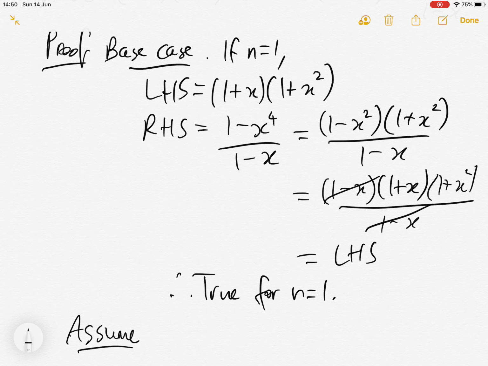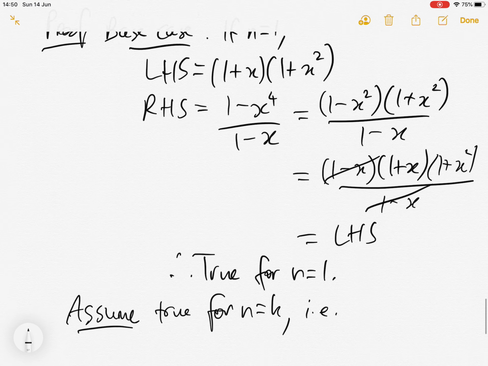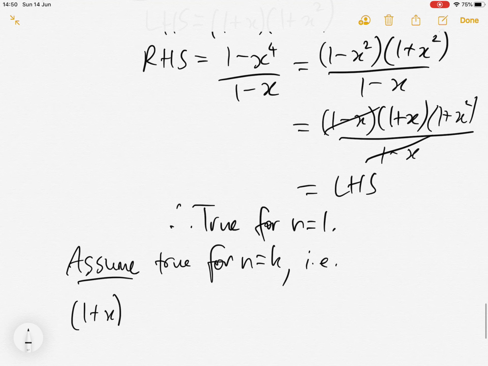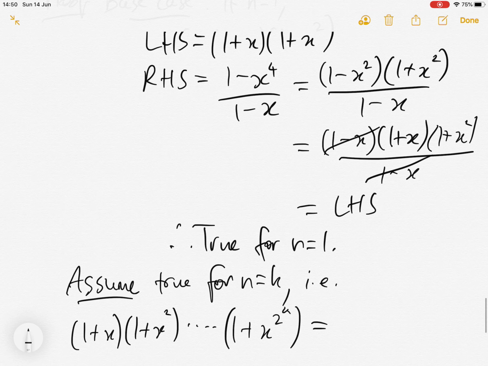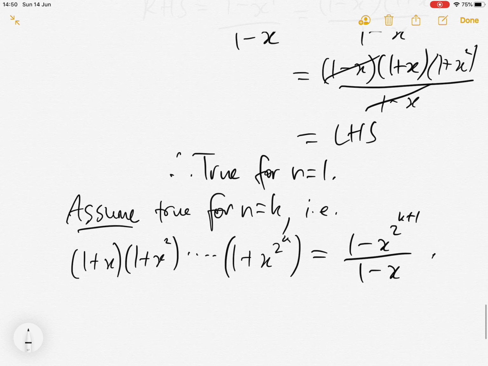Then we're going to assume it's true for n equals k. So that means that we're assuming 1 plus x, 1 plus x squared, all the way up to, so these are all being multiplied, 1 plus x to the 2 to the k. We're assuming that's equal to 1 minus x to the 2 to the k plus 1 over 1 minus x.